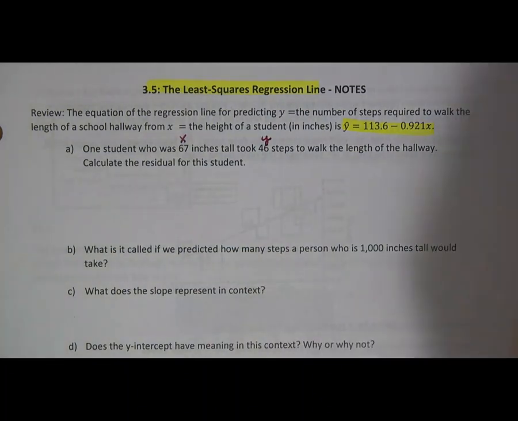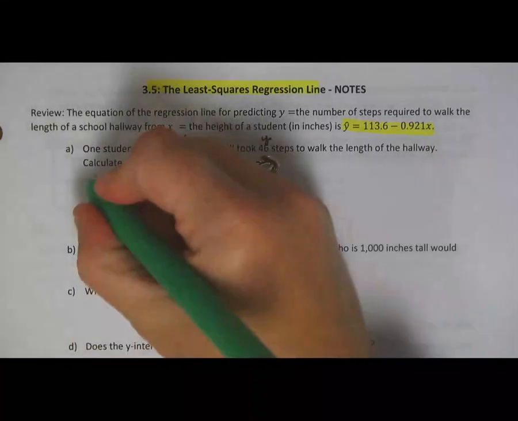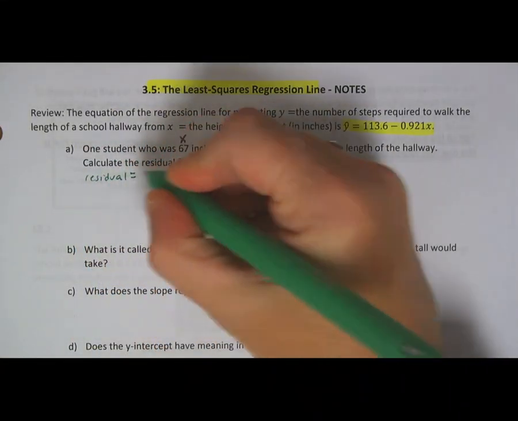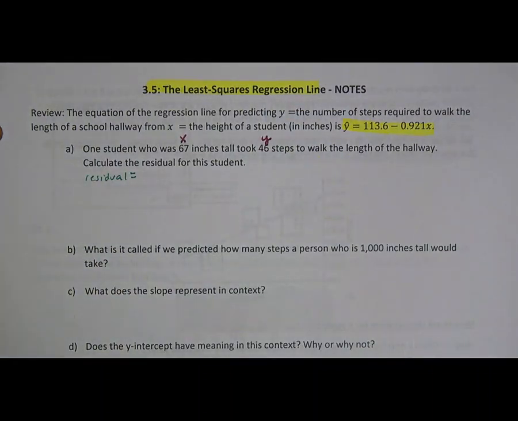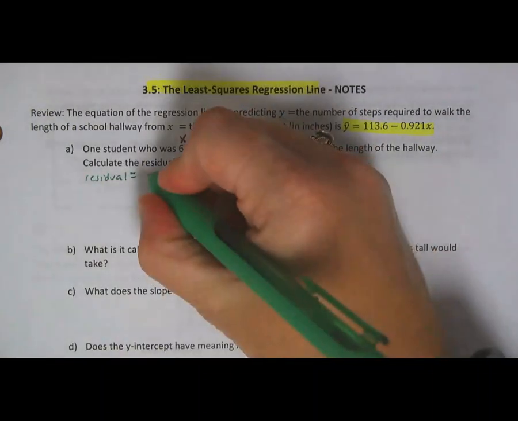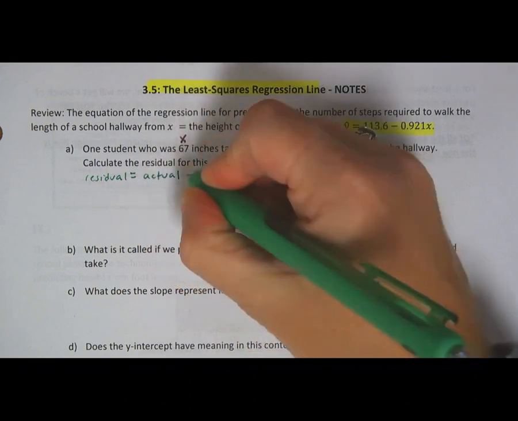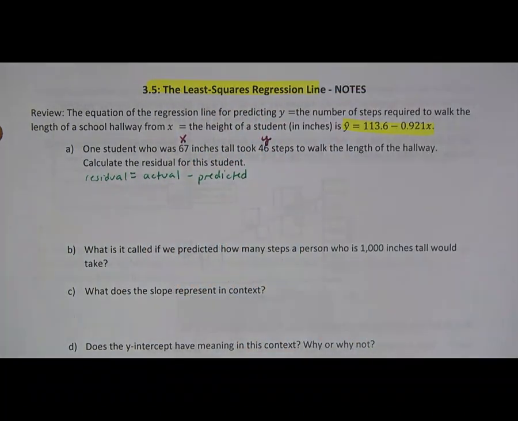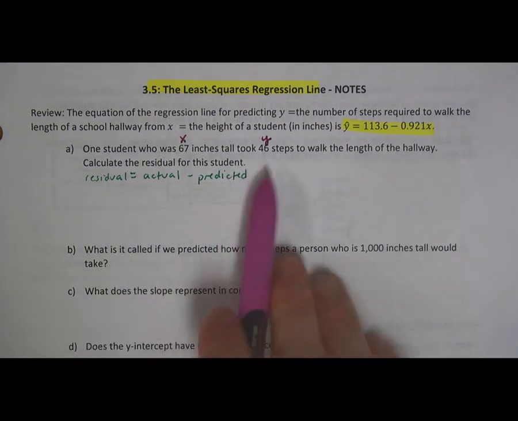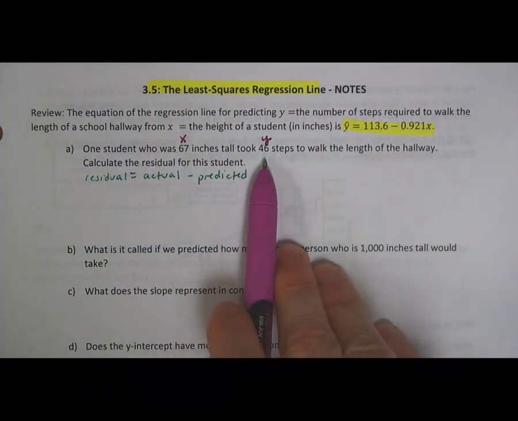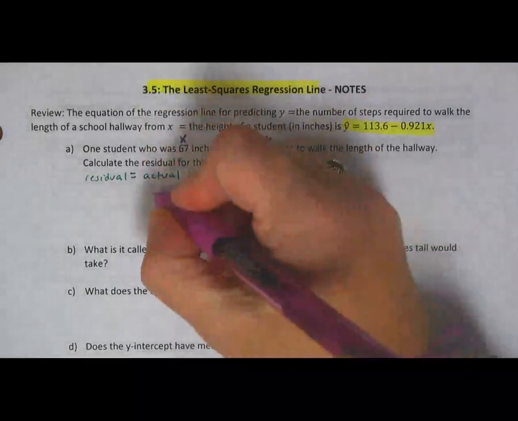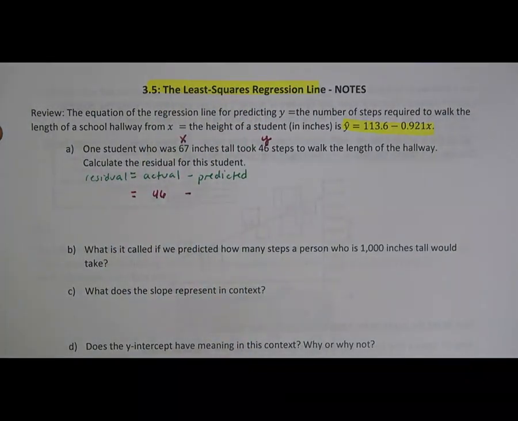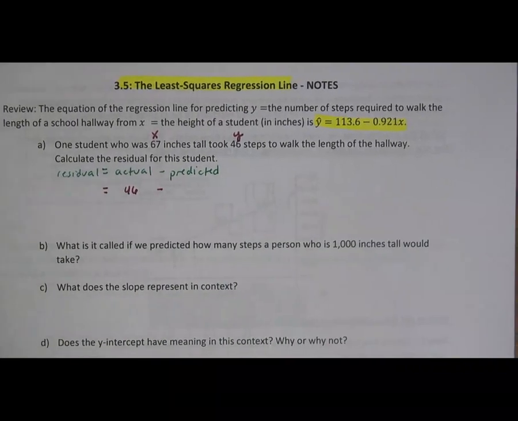Calculate the residual. Well, for residual, you need to think, okay, AP, that's how I helped you remember: actual y value minus predicted y value, or y hat. So we have the actual number of steps that this student needed to walk the hallway, so 46, minus, now what I need to do is figure out the predicted value, or y hat.